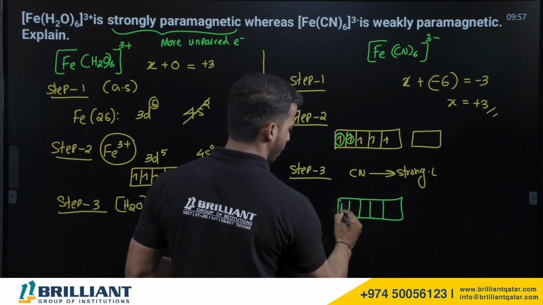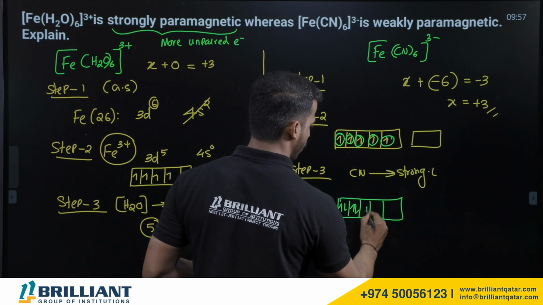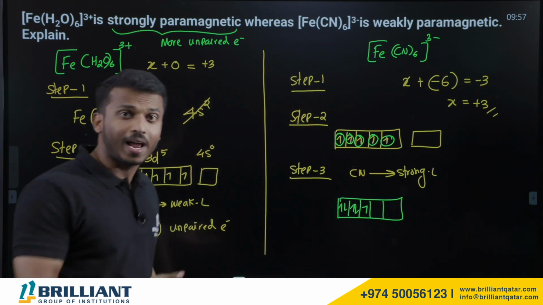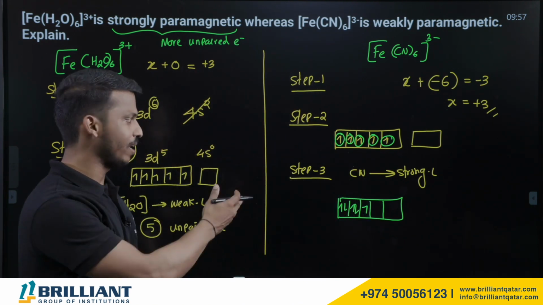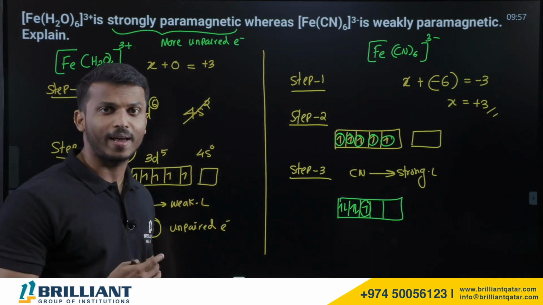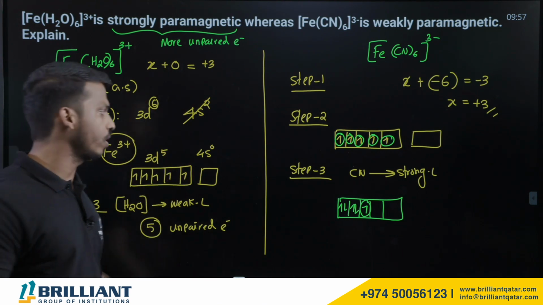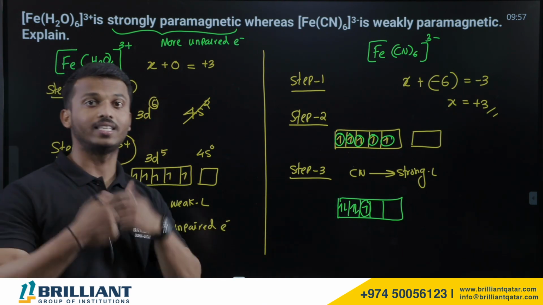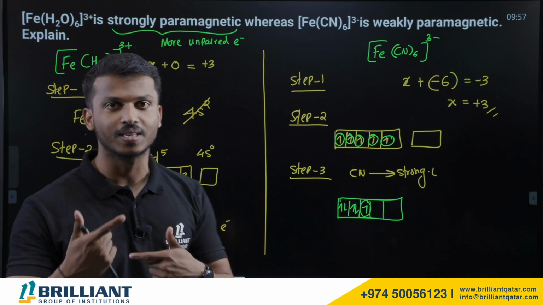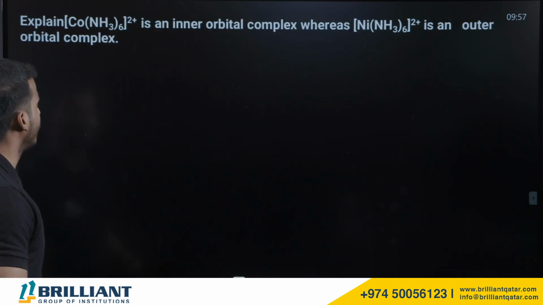The first electron pairs, these 2 electrons pair, and this 1 electron stays there. Is it paramagnetic? Yes, it is paramagnetic because it contains 1 unpaired electron. But is it strongly paramagnetic? No. The first compound contains a total of 5 unpaired electrons, here just 1 unpaired electron. As the number of unpaired electrons increases, the paramagnetic character increases. So that is the answer.